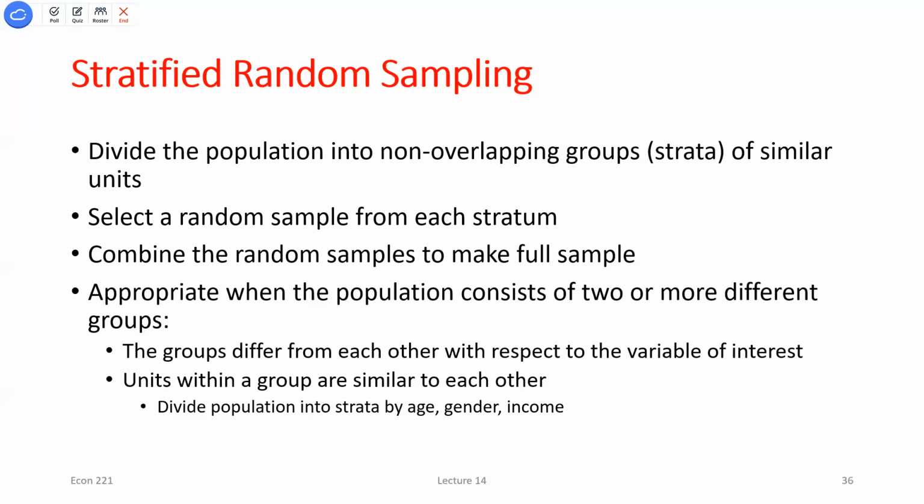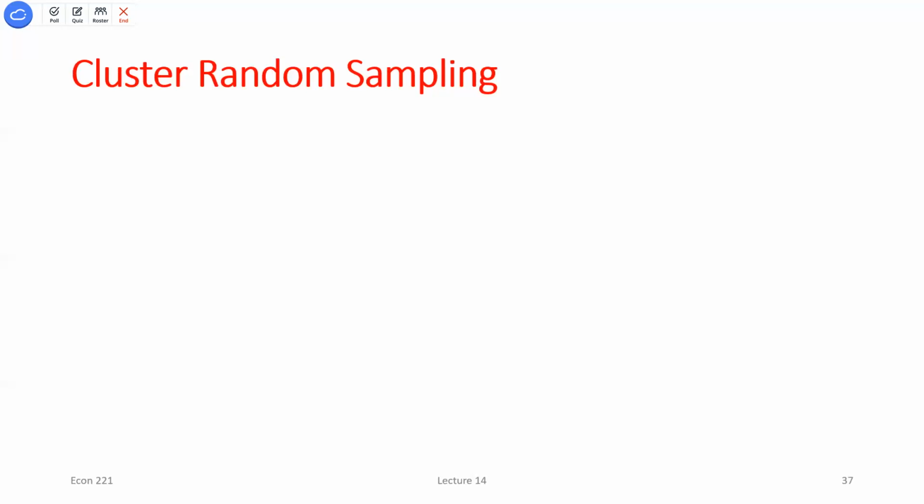Any questions on that? Not too bad to think about, I don't think. Another one that's very similar, with just one small difference, is cluster random sampling. So with cluster random sampling, I'm not separating the data into groups, but I'm sampling from multiple subsets of the population.